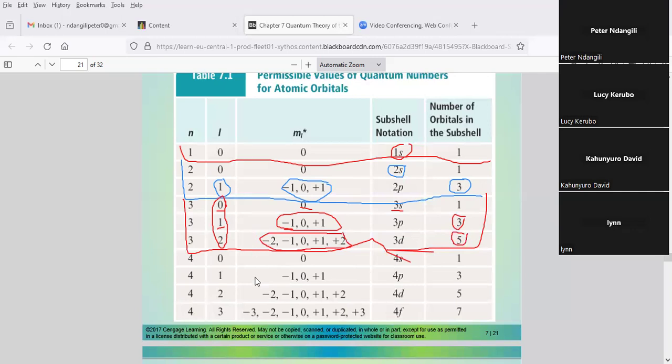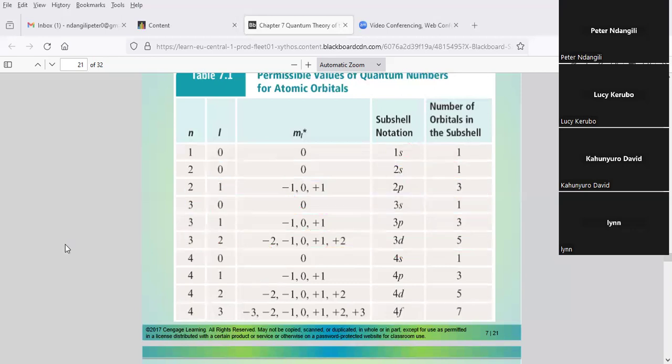Now, this illustration I'm showing in this slide is the one that tells us the maximum number of electrons that we can find in a particular energy level. If you look at this one, you just look at how many ML values we have. 1 ML value is equivalent to 2 electrons.